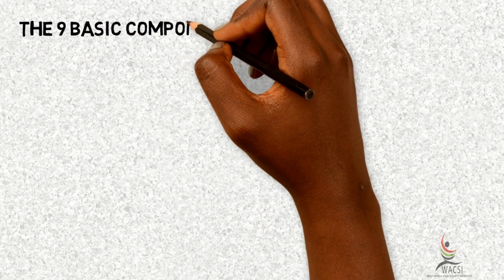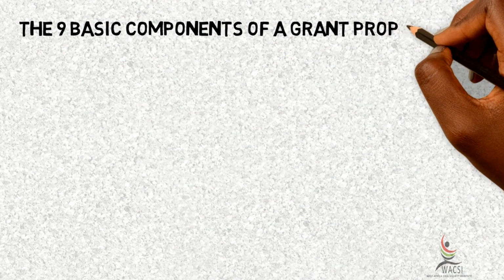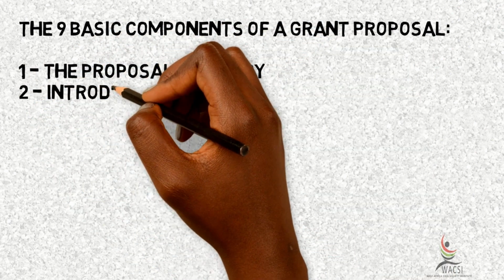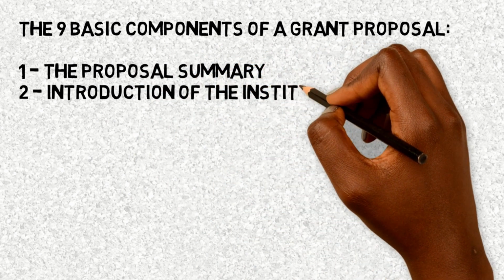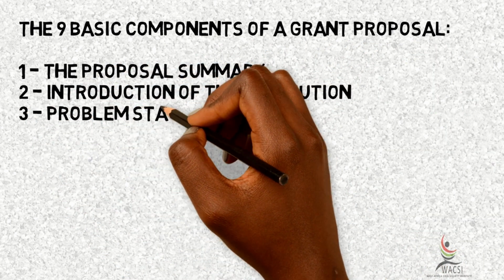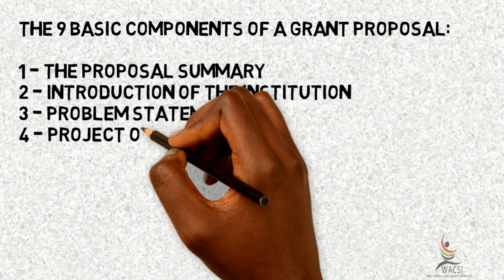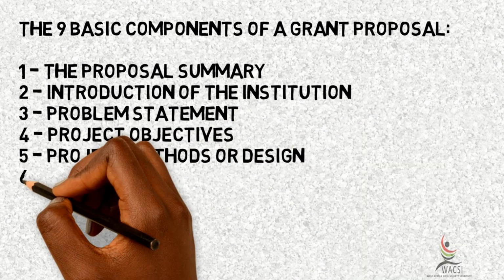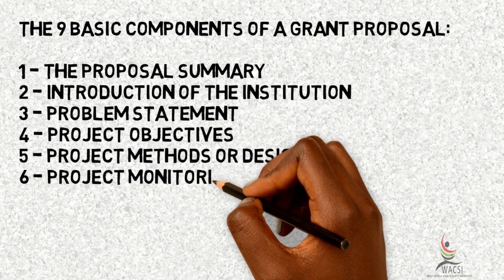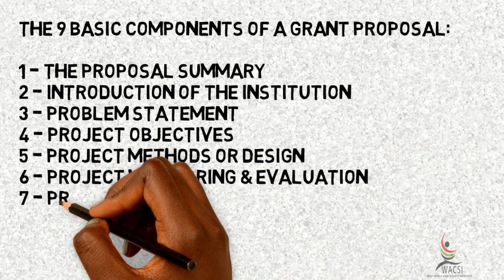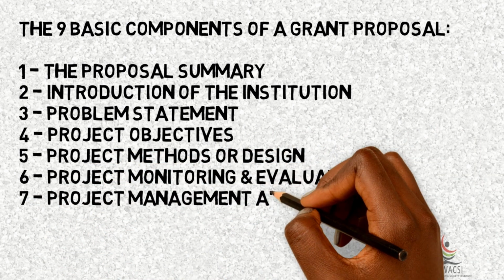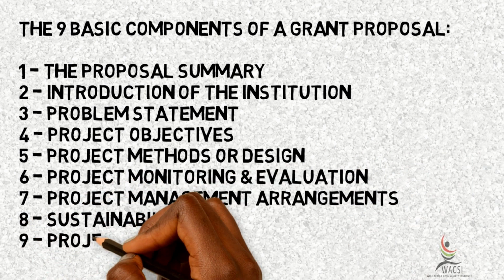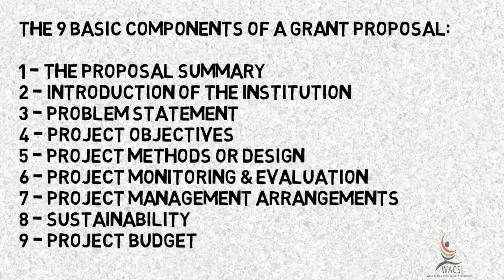The 9 basic components of a grant proposal are: number 1, the proposal summary; number 2, introduction of the institution; number 3, the problem statement or identification of the need; number 4, project objectives; number 5, project methods or design; number 6, project monitoring and evaluation; number 7, project management arrangements; number 8, sustainability; and number 9, the project budget.